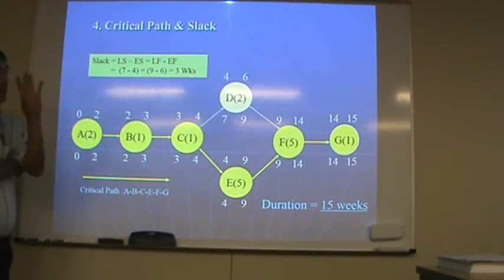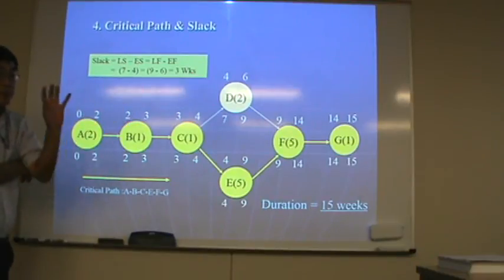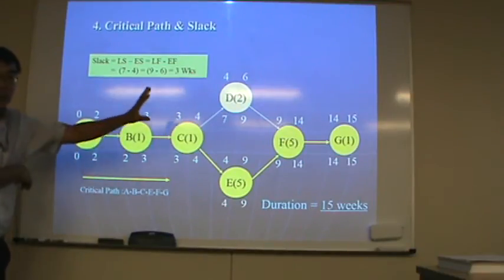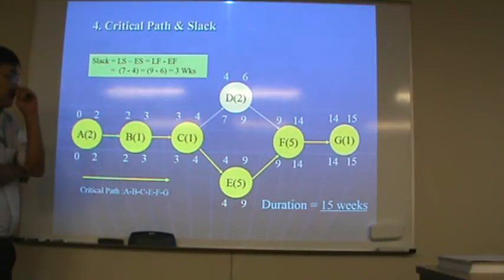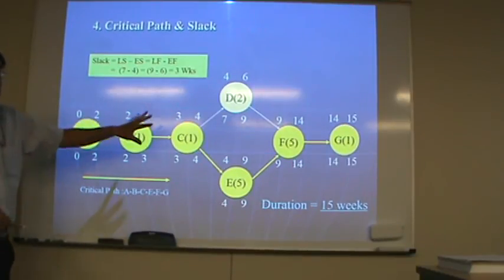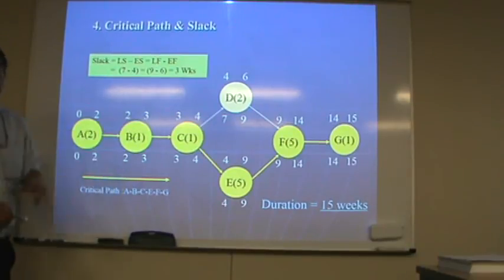In a project, many activities are related in a network like this. There are 2 paths in this project network diagram.